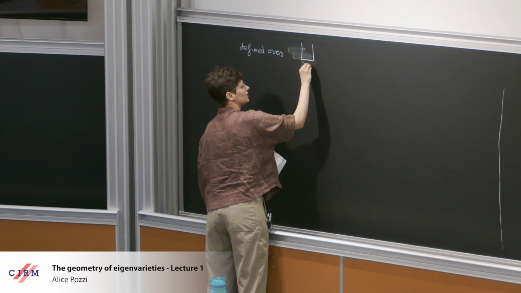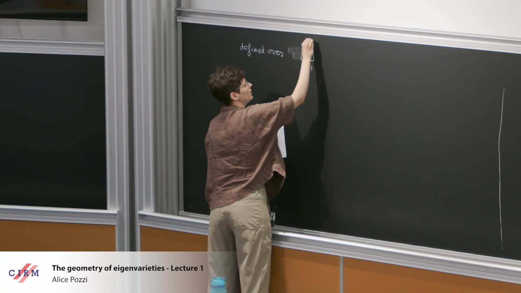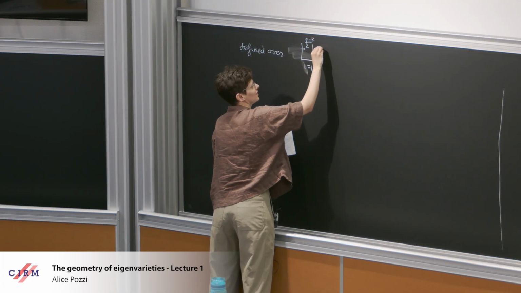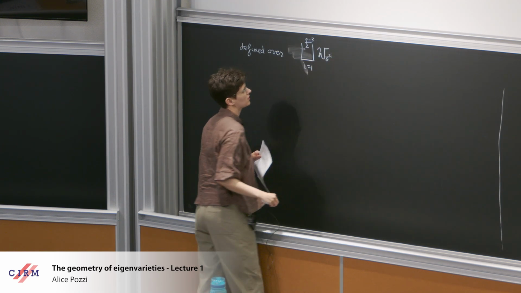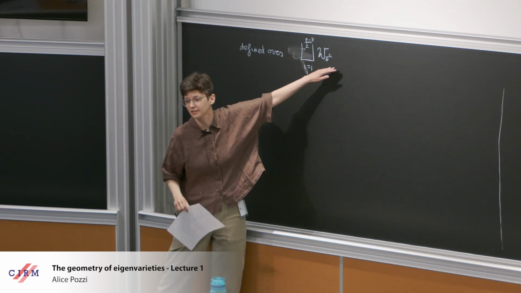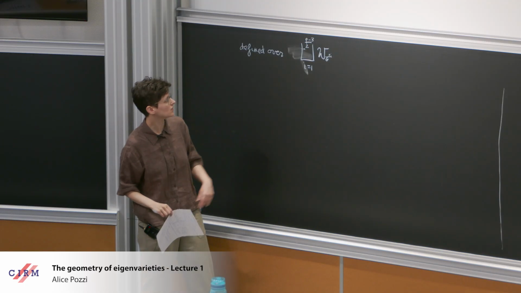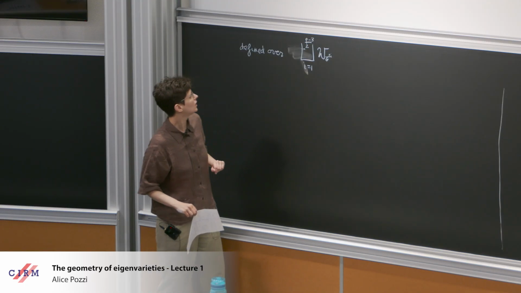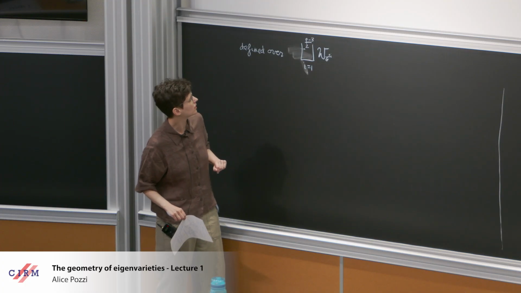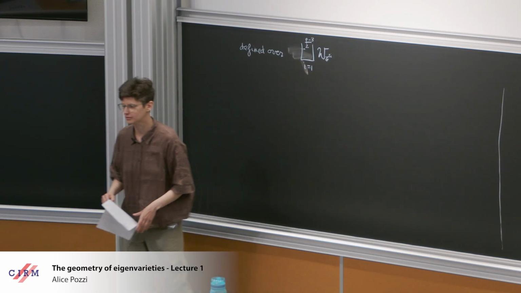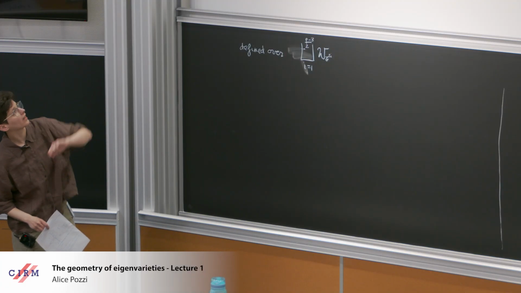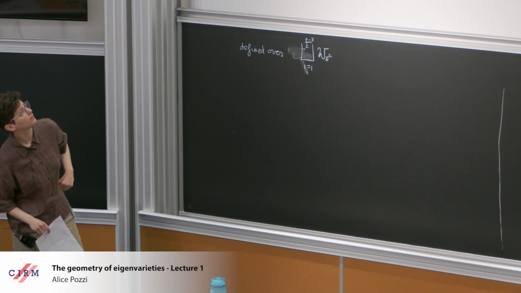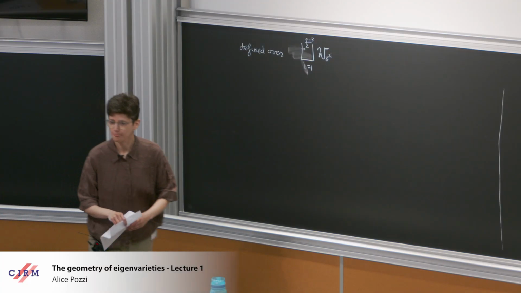So I think this is correct, hopefully. I'm going to take the even powers of the Teichmüller character. This is for parity reasons, and I want to exclude the component in which the power of tau is trivial. For the same reason, I don't want to take p minus 1 dividing k.